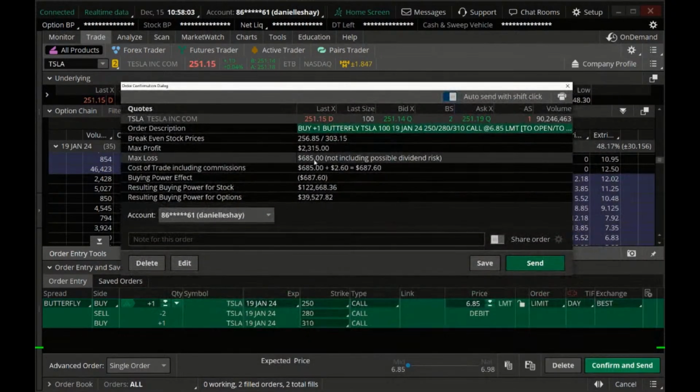And I'm going to risk $685 and I'm going to target a max of 2,300. So generally the center strike is always going to be a high open interest value near a target zone, near a support and resistance zone. But if I'm going out 3 weeks and I have a bullish price target, then I would not use the neutral iron condor. I would use the regular butterfly. Yep.